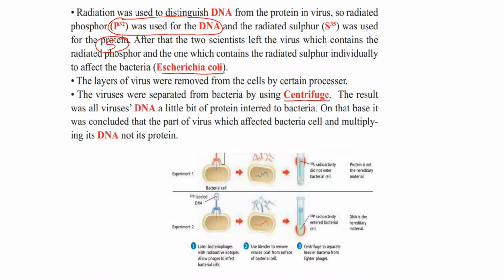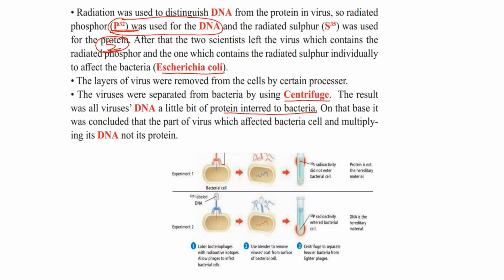The result was that all the viral DNA and only a little protein entered the bacteria. So when they observed the bacteria, they observed more radioactive phosphorus than what? Than sulfur. It means that more DNA than protein passed into the bacteria.